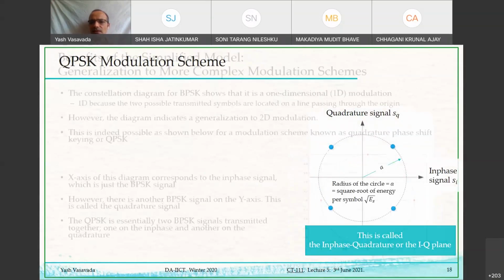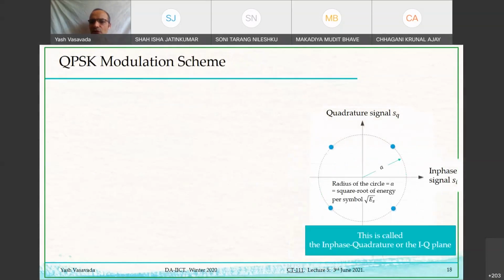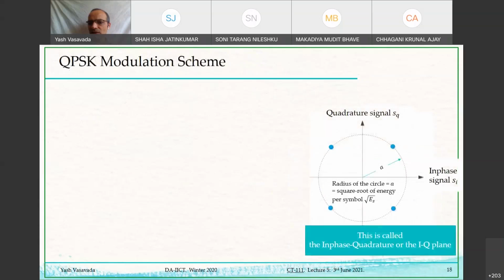Now, there is no reason that I have to put the 4 symbols only at these 4 locations in the IQ plane. I can rotate them by 45 degrees and I can put them like this. You will notice that there is a difference between this diagram. The 4 points are 1, j, -1 and -j. Over here, I can't write them simply as 1, j, -1, -j.